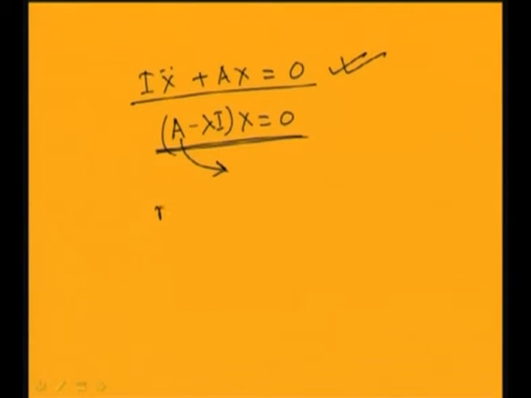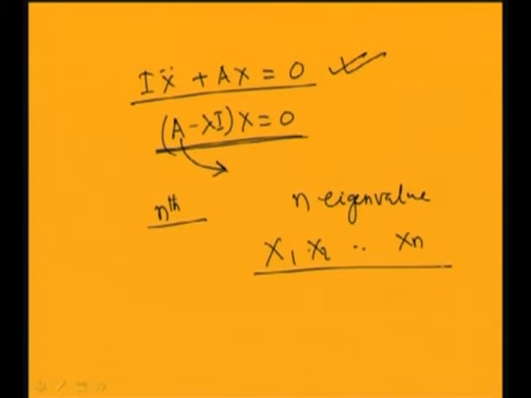For an nth degree of freedom system you have n eigenvalues, and corresponding to them n normal mode frequencies and n modal vectors. So you will have x1, x2 and xn, and using these normal modes you can write the modal matrix P equal to x1, x2, xn.